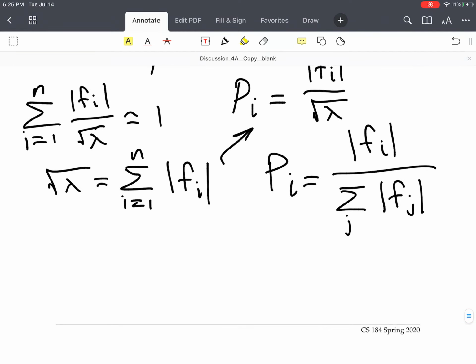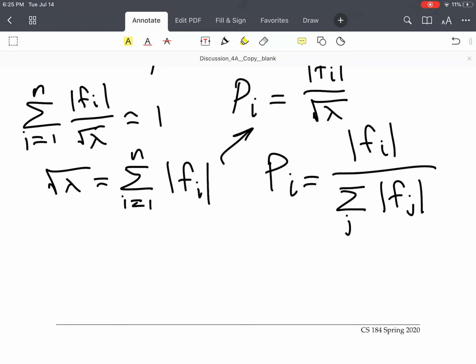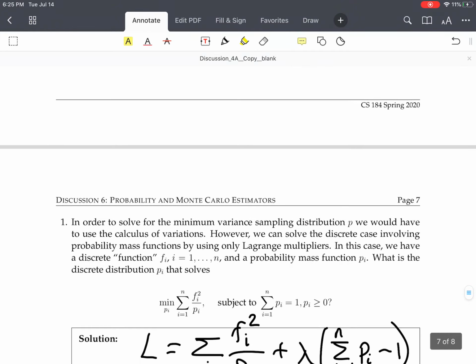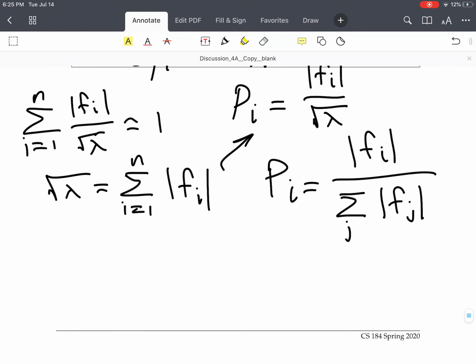And so in this case, we can't find p without knowing f, but that's exactly what we're trying to find. Okay, so in this case, the best choice for p, the minimum variance choice for p, depends on the function you're trying to sample, or the function you're trying to find. And so we can't find an exact answer. Okay, that's basically the takeaway here, that the best minimum variance estimator depends on the function we're talking about.